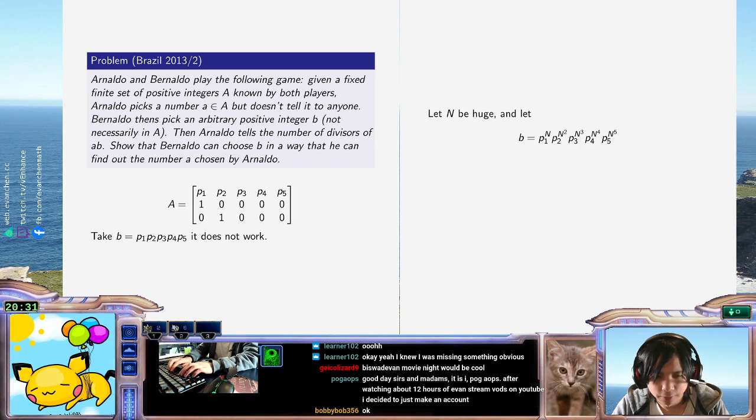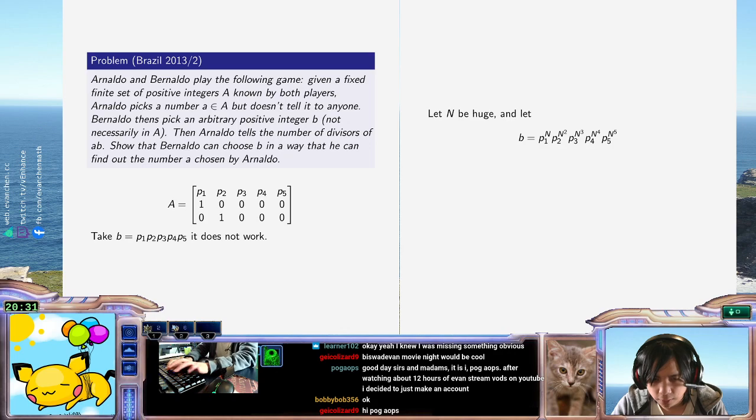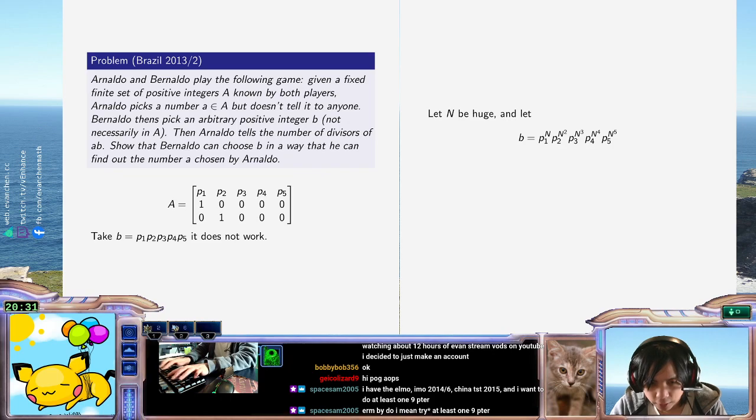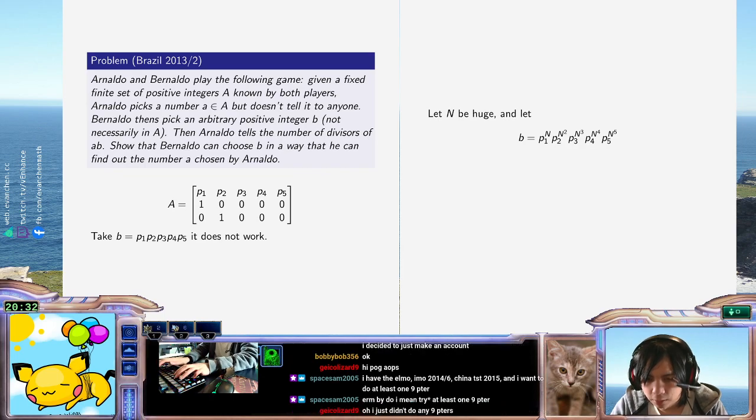Actually, hang on. I don't want to do 1, 2, 4, 5. I want to do 1, 2, 4, 8, 16. I think I need to go even faster. n to the 8 plus e4, p5 to the n to the 16 plus e5. I think that will work.